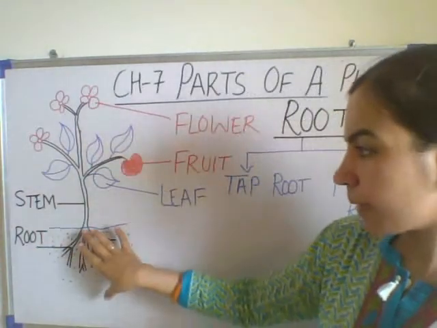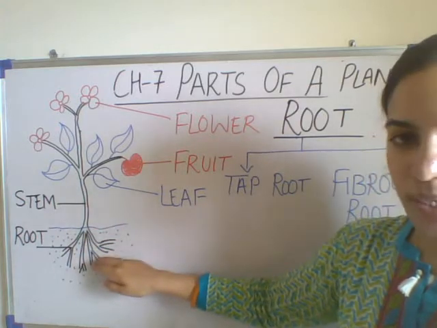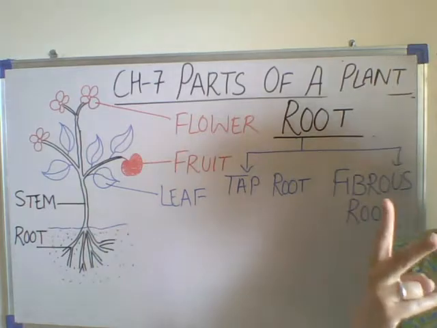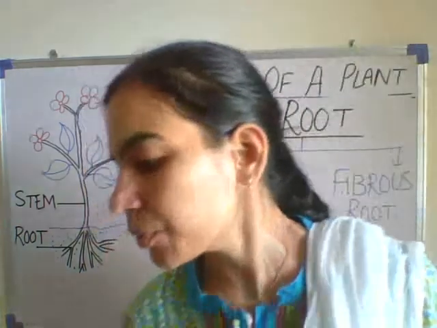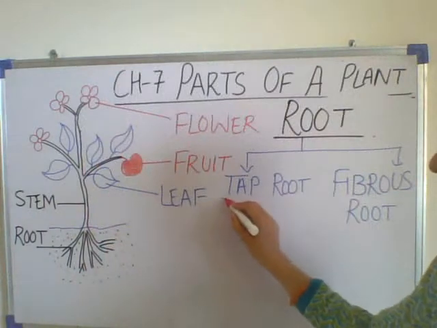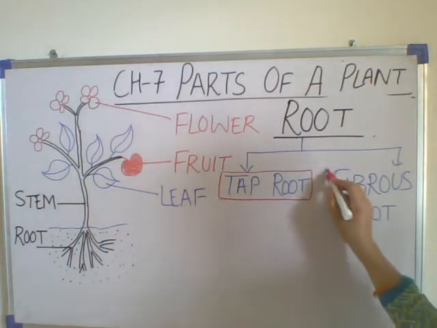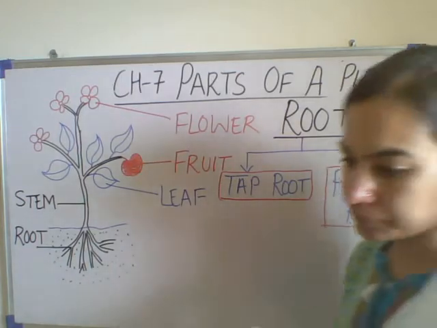The part of a plant which grows below the soil is called the root. Roots are of two types. The first one is called the tap root, and the second is called the fibrous root.